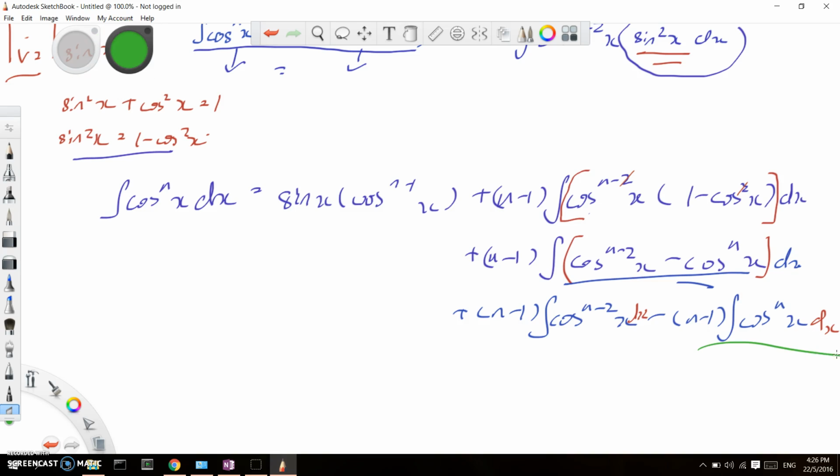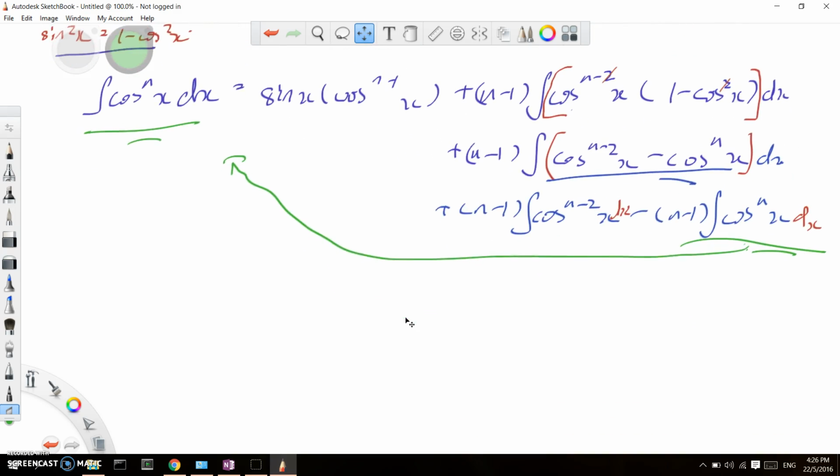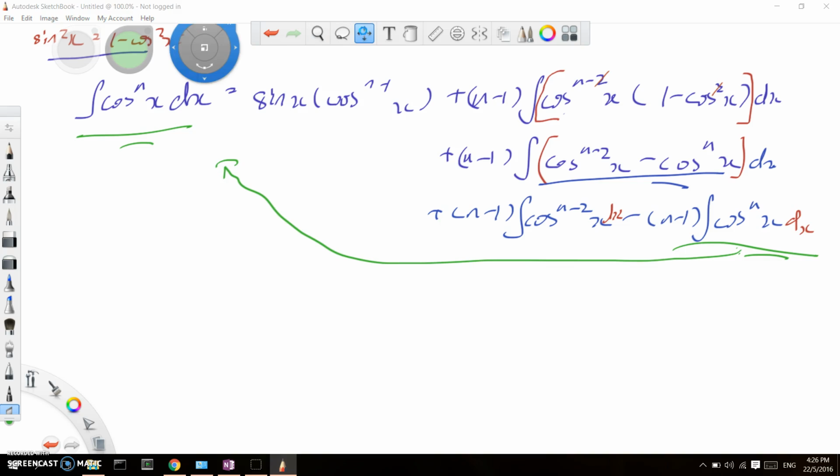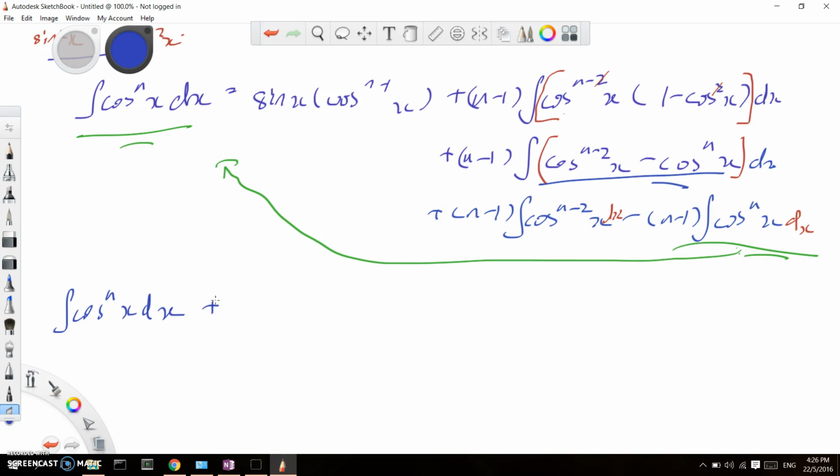Notice there's a cos to the power of n x here, and also cos to the power of n x on the left hand side. So we can bring this over to the left hand side. So we will have the integral of cos to the power of n x dx plus, because here's a minus, bring it over, it'll be plus n minus 1 integral of cos to the power of n x dx.